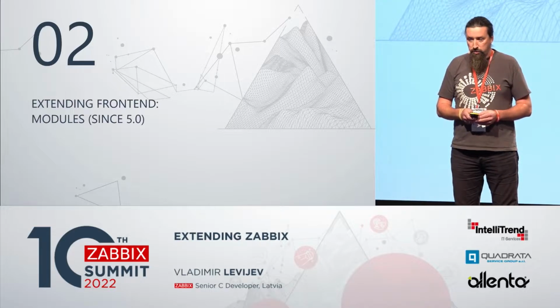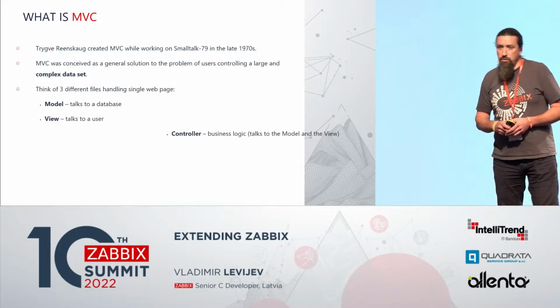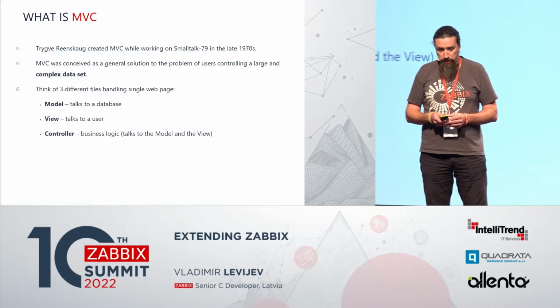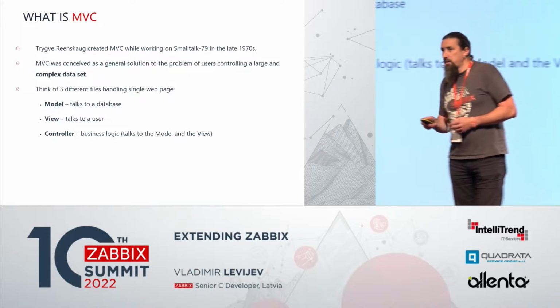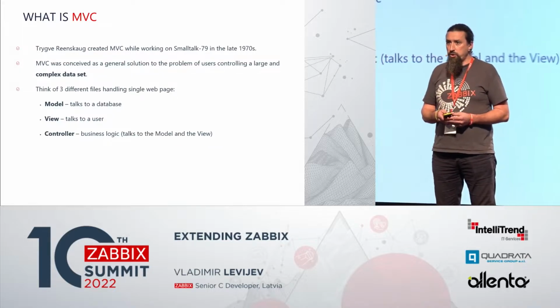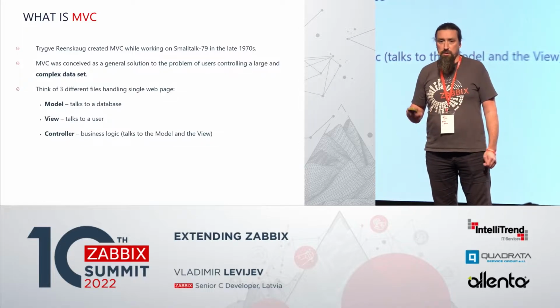Let's start with the front-end modules. First of all, you need to have a basic understanding of what MVC is. Imagine there's a PHP file that takes care of one page, and it, for example, lists hosts.